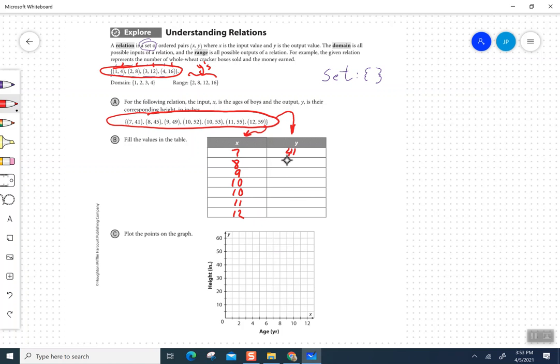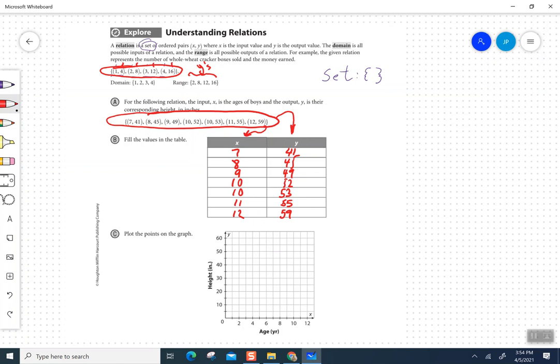For 8, we had 45. For 9, we had 49, 52, 53, 55, and finally 59. Now, that satisfies the requirement of question B.